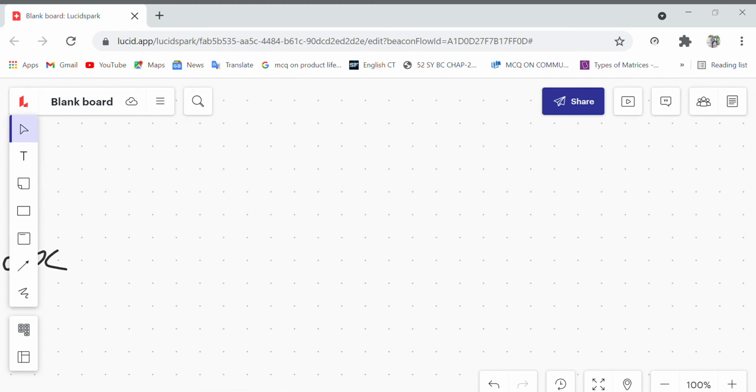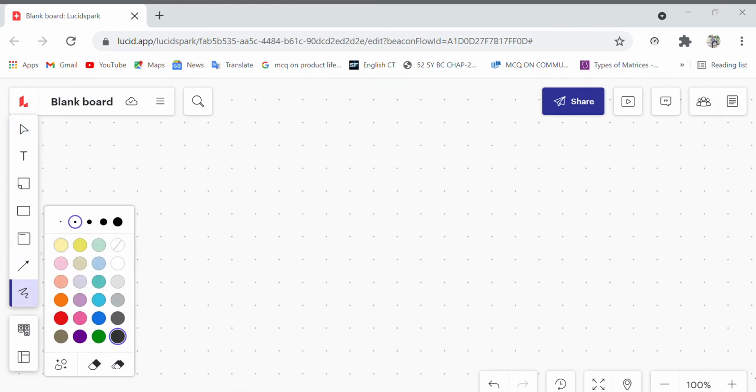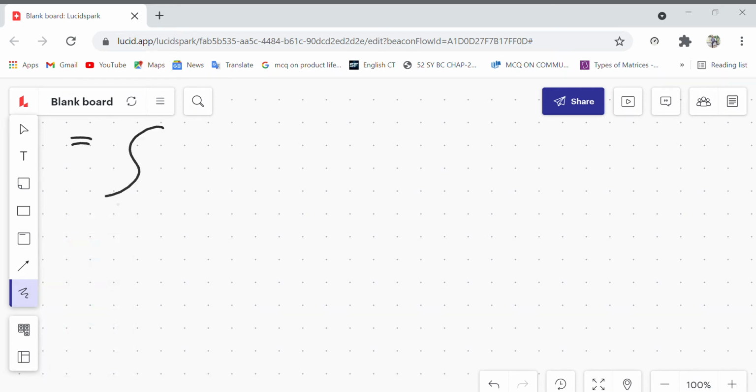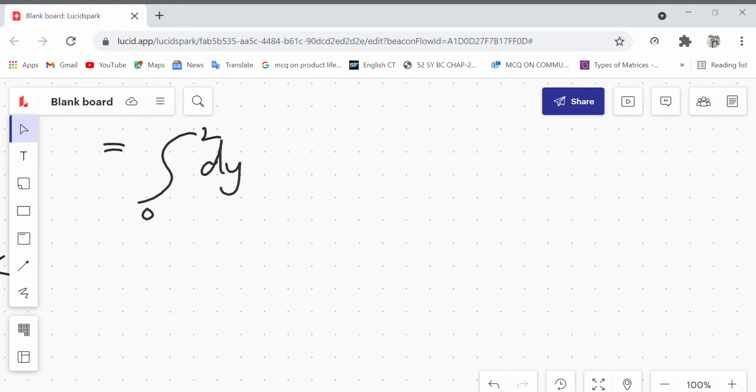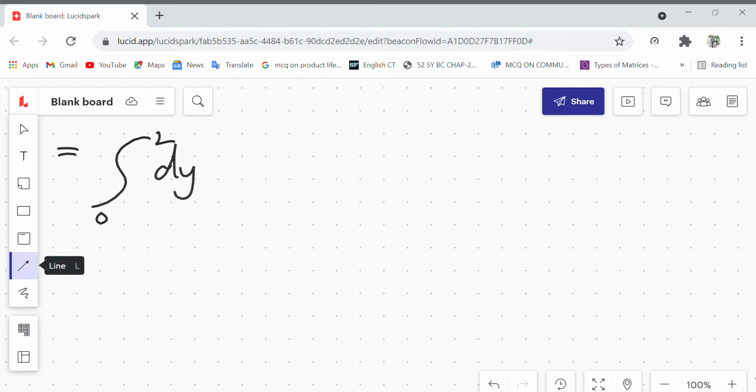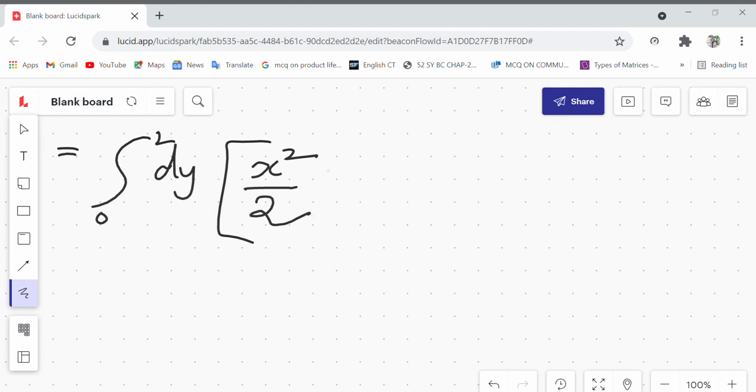So then integration of 0 to 2 same dy. Then what? Integration of xy dx is what? Integration of xy dx is x square by 2 into y, and the limits were 0, 1.